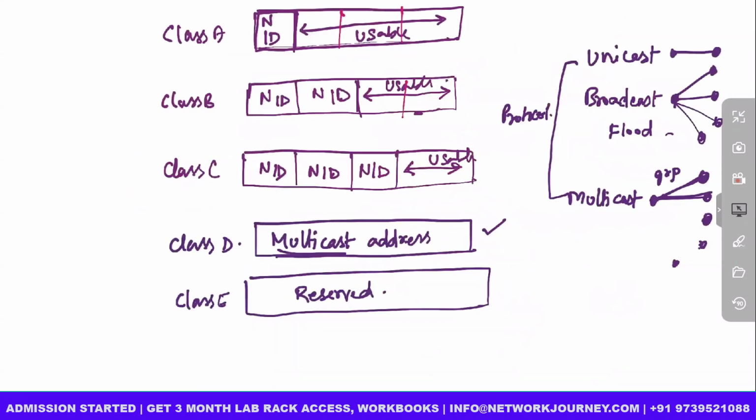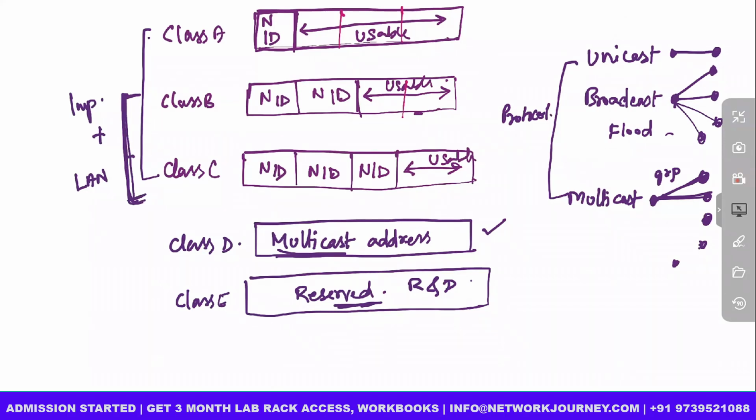And the last class is completely reserved for, let's say, R&D or futuristic purpose. So for us, these are the 3 important blocks, especially class C, because all your LAN infrastructure would be class C or a combination of these in a wider range.